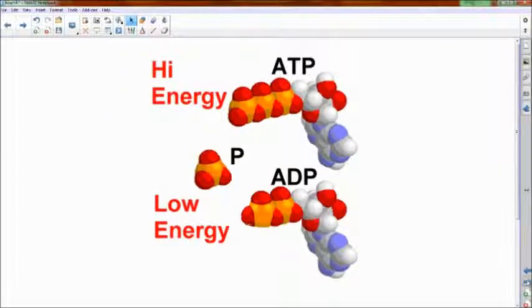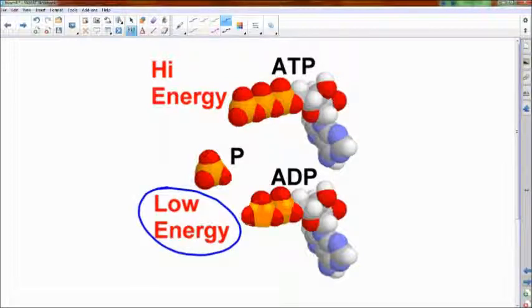Okay, this diagram here kind of shows the state between that third phosphate being on and off. So when it's off, it's at a low energy state, and this is adenosine diphosphate, or ADP. And it's kind of uncharged. We can charge that molecule by putting in energy.